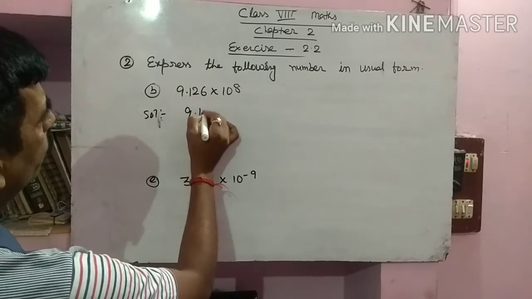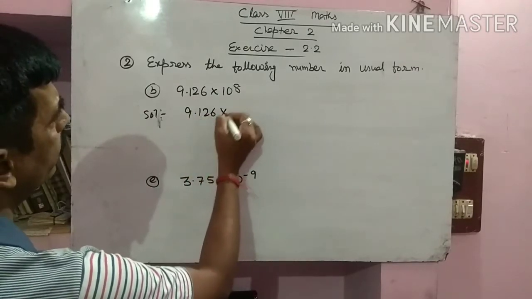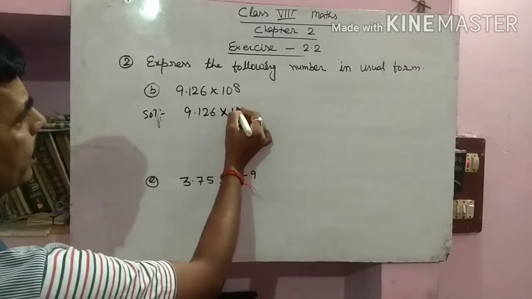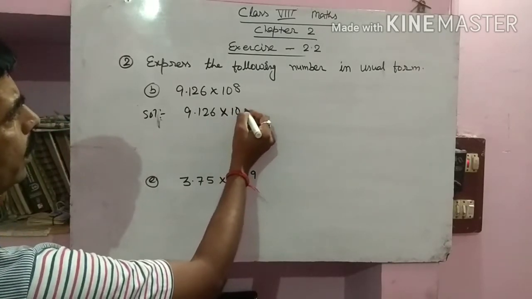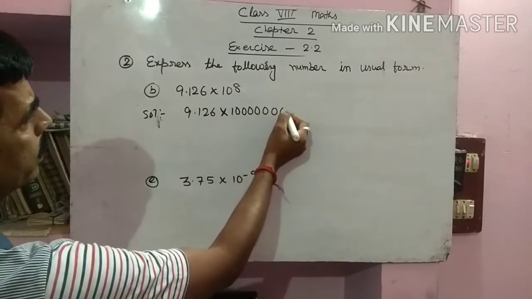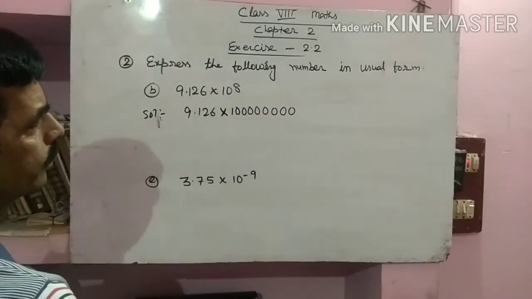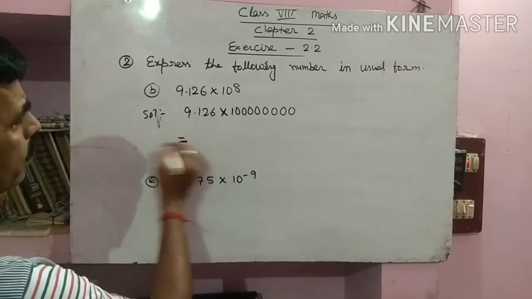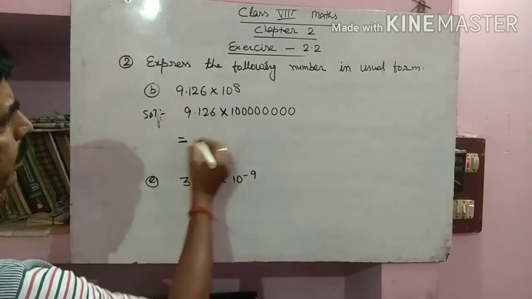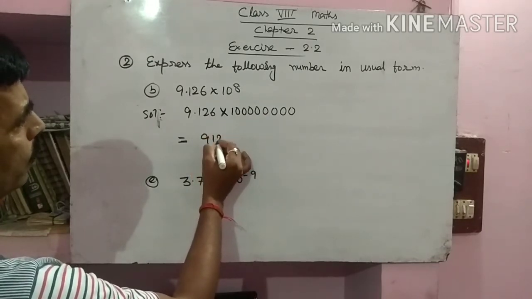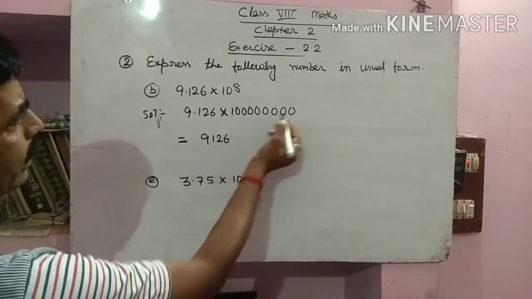It means 9.126 into 10 to the power 8 means 8 zeros. 1, 2, 3, 4, 5, 6, 7, 8. If you multiply that one by this number, you get 9, 1, 2, 6, then how many zeros?